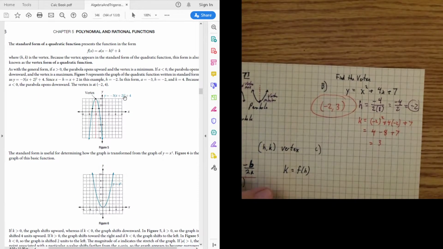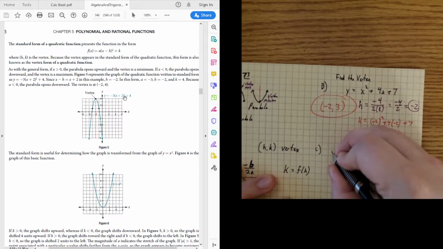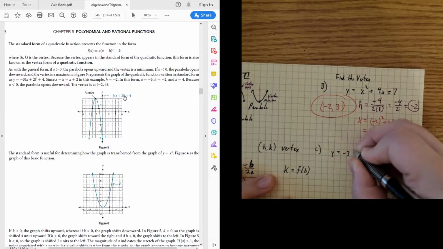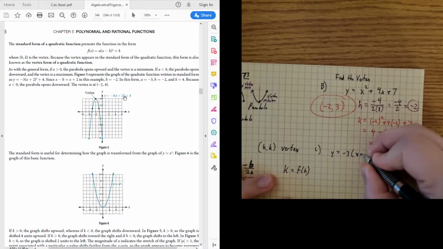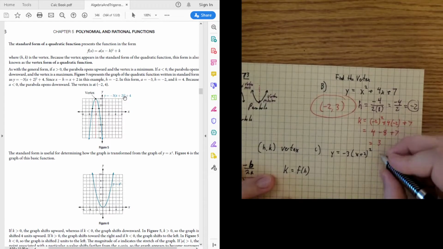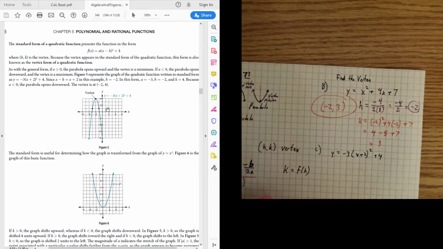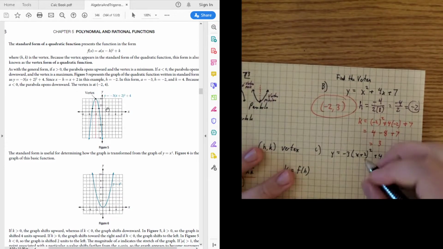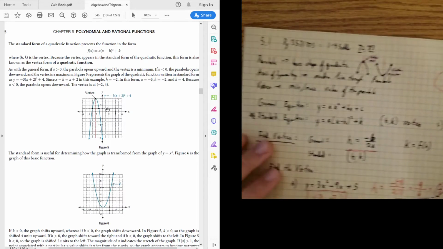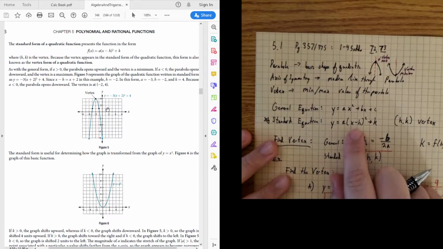This equation is y equals negative 3 times (x plus 2) squared plus 4. So we're going to take this equation and find the vertex. To find the vertex, remember, in standard equation, the h is the term that's with the x, but it's negative h.